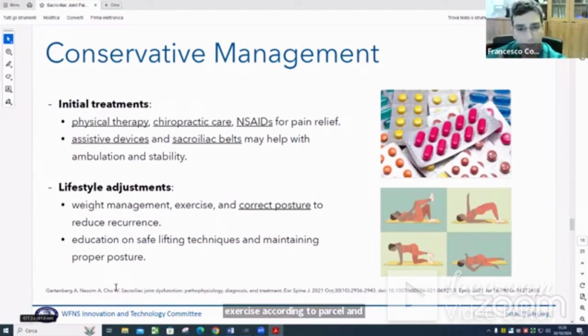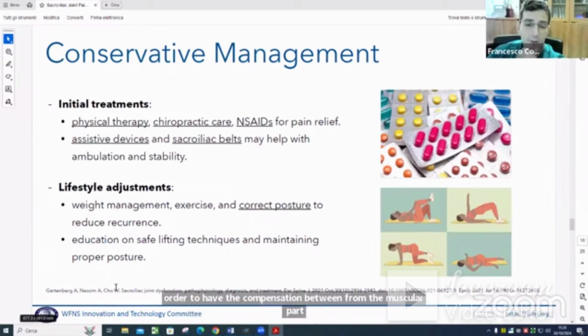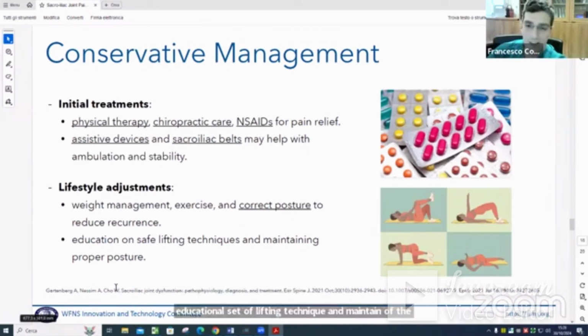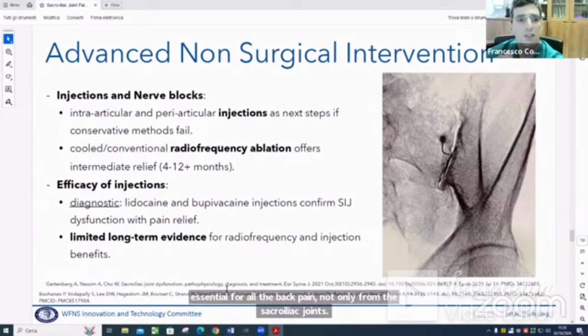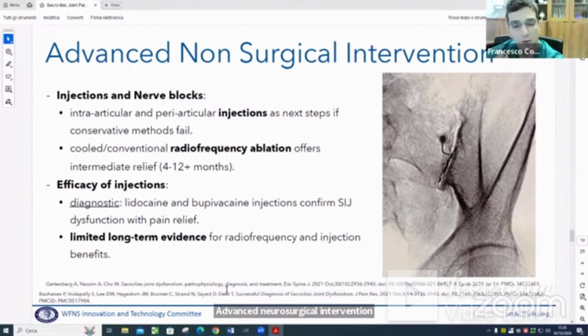So strengthening of the abdominal muscles can help to have compensation from the muscular part. Education on self-lifting technique and maintaining proper posture is essential for all back pain, not only from the sacroiliac joints.